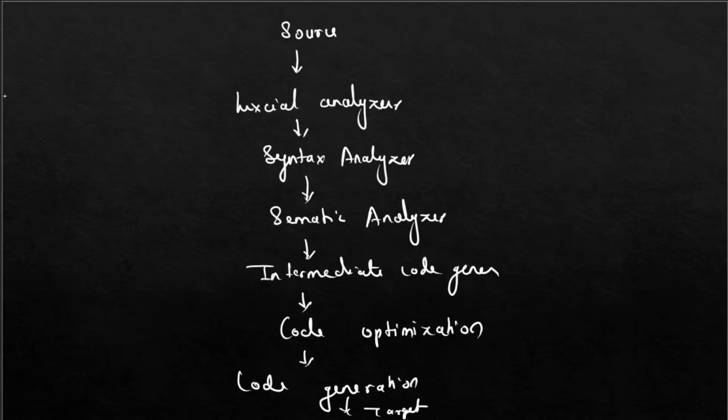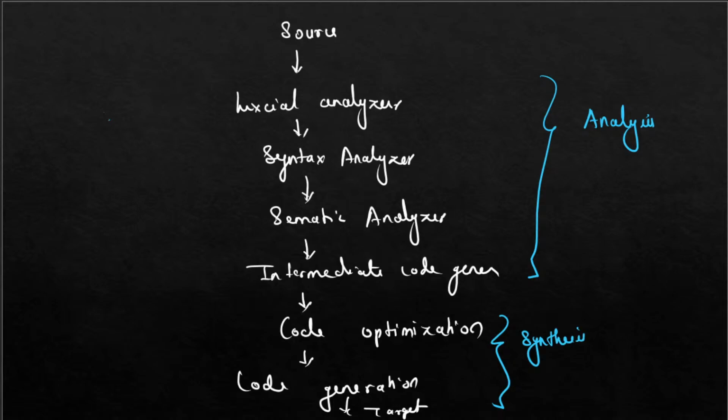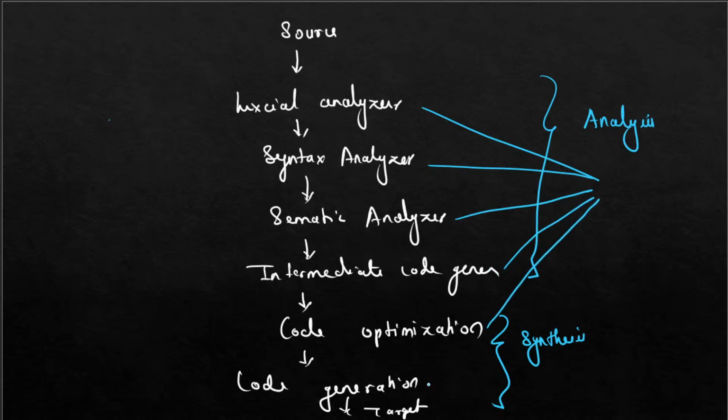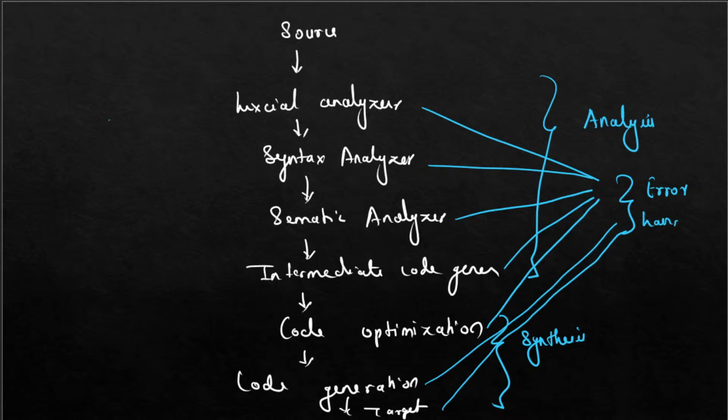Now see, what is the analysis phase? The analysis phase goes till intermediate code, so till here is the analysis phase, and the rest is synthesis. Here is error handling, and here is the symbol table.